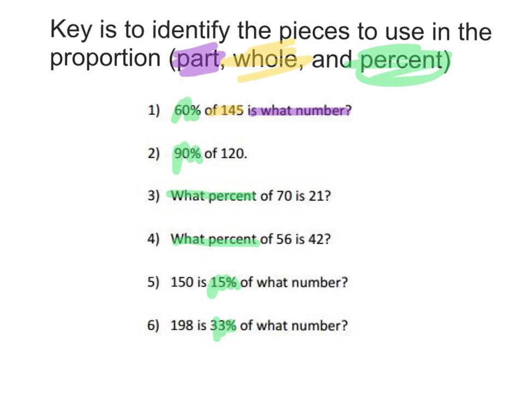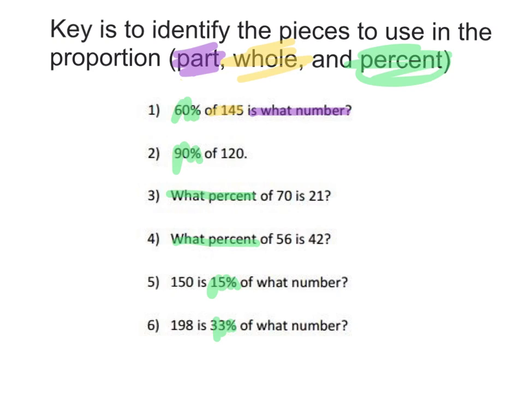And number 2, 90% of 120. On one like this, we have to understand that this is asking us to find, what number is 90% of 120? And again, we have this idea that 90% of 120 is going to give me a part of that number.